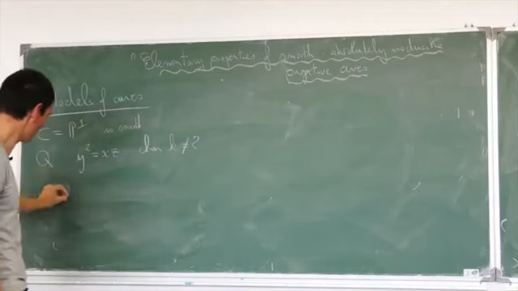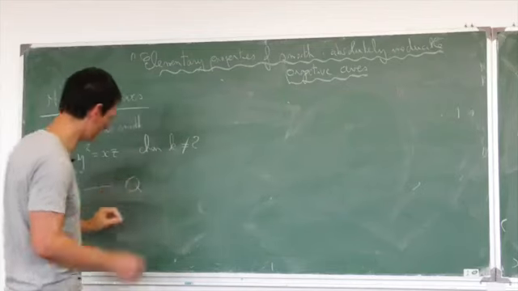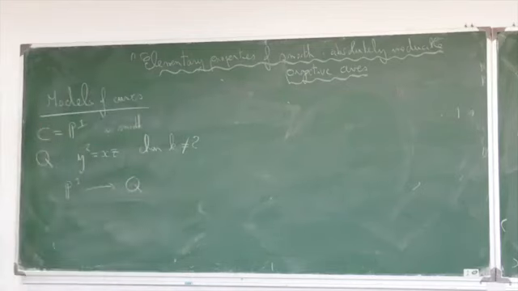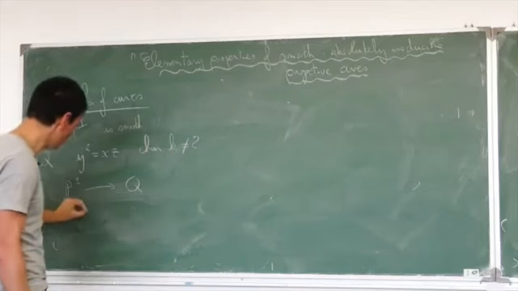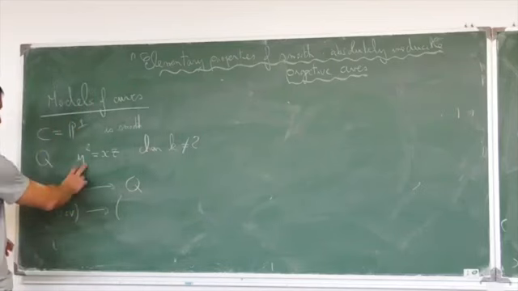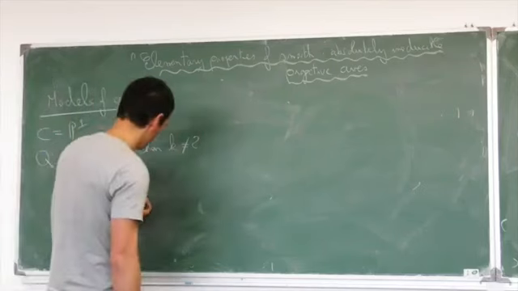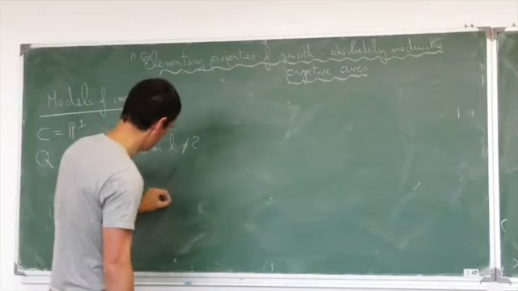So how can I define a map from P1 to Q? I guess this is something that you may have encountered before, because it's just like parametrization of conics. So here, if I take a point (u, v), I'm going to send it to, so let's see, y is going to be uv, u squared, and v squared.